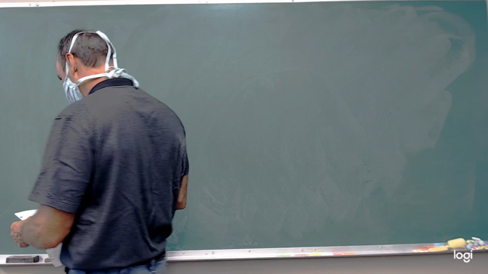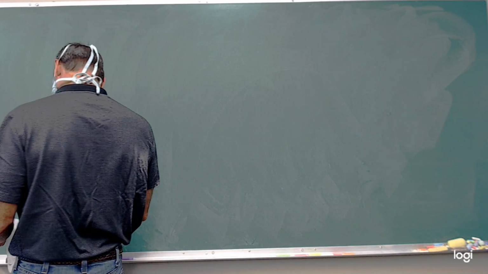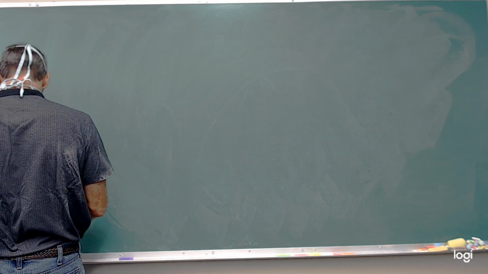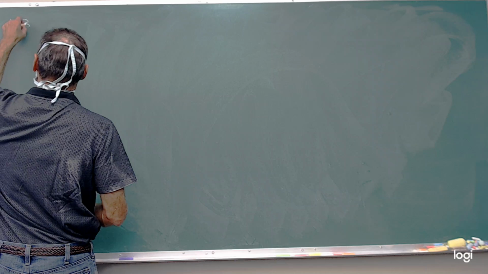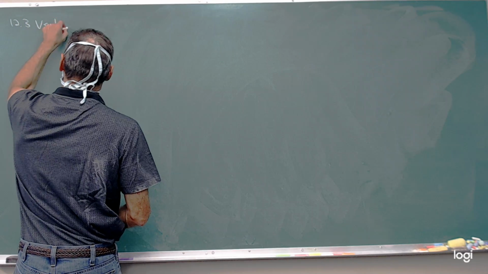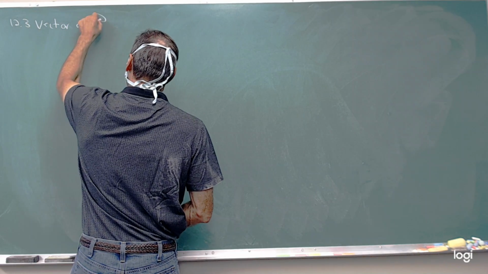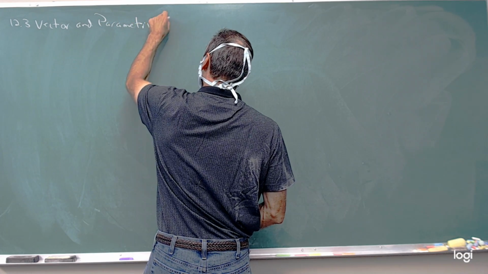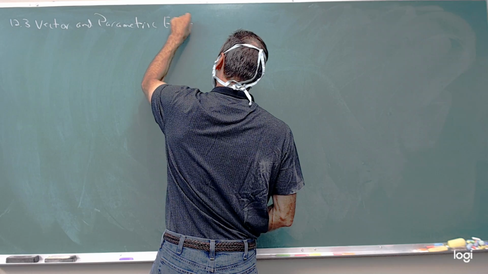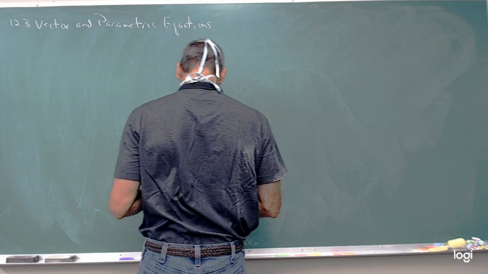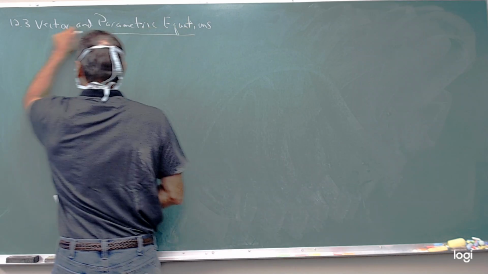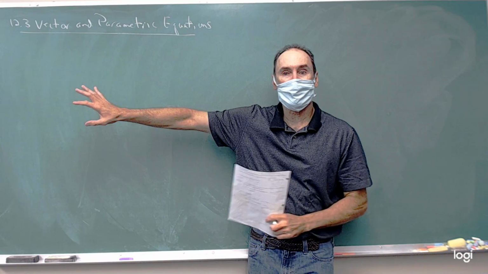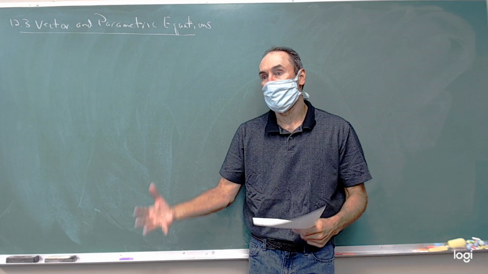So we're going to talk today about, I think that's 12.3, vector and parametric equations. We talked last time about 12.1 and 12.2, this whole idea of vectors.